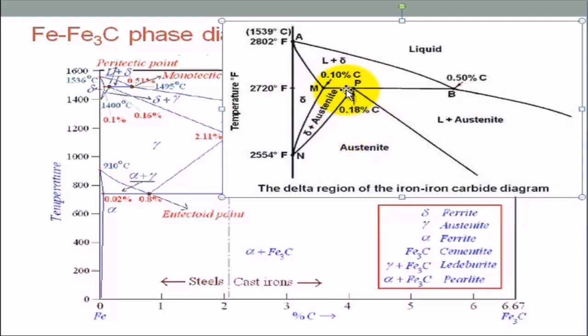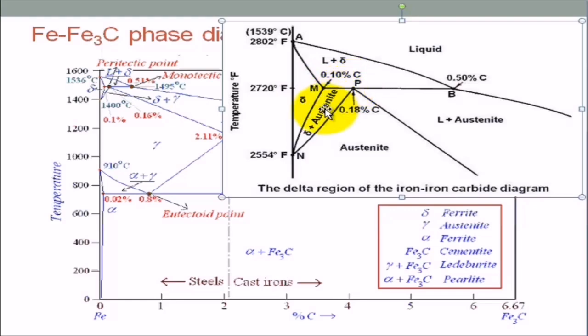As the concentration of carbon in iron is increased, the temperature of allotropic change increases as well, from 1400 to 1495 at 0.1 weight percentage of carbon.